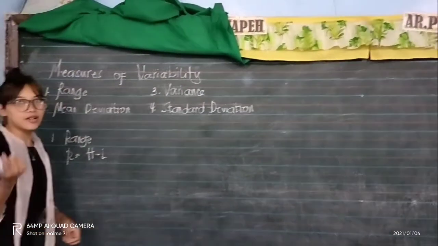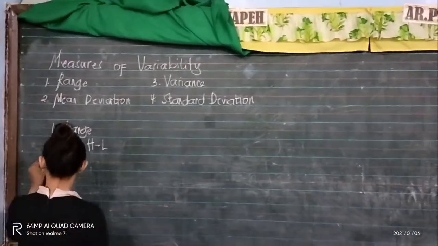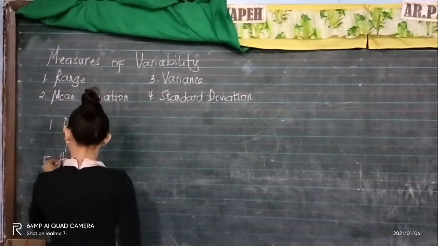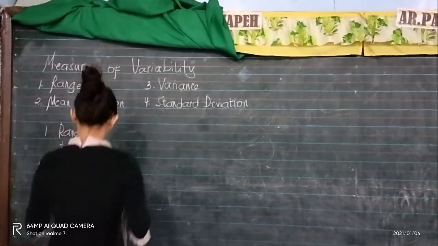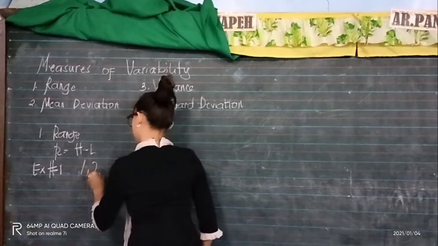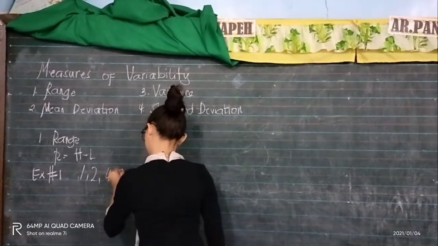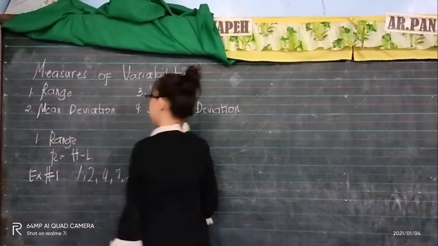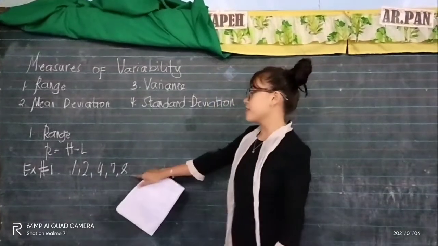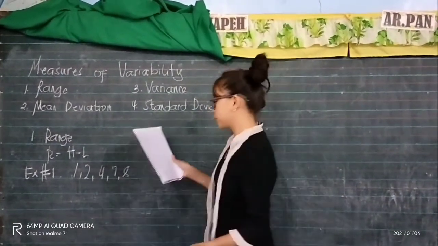So let's say our example number 1: 1, 2, 4, 7, 8. This is our data.